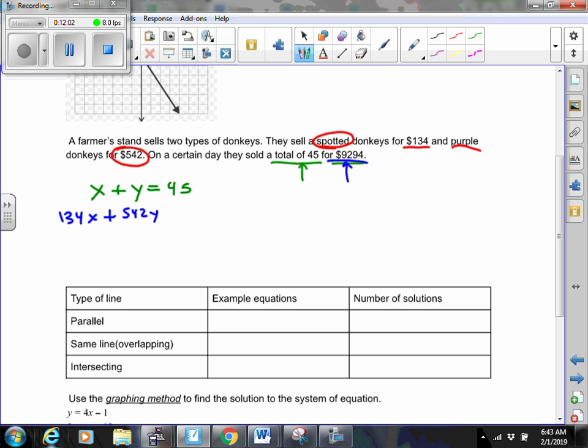So that's because that's purple, 542 per purple equals a total of 9294. Once again, this system you can solve either by elimination or substitution or by graphing.